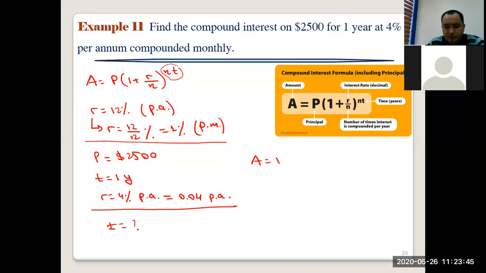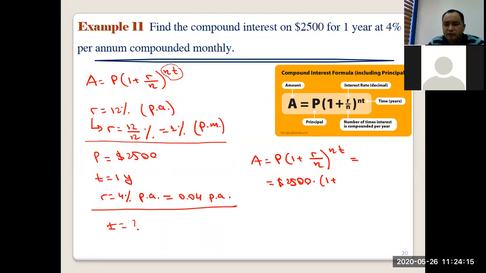If you evaluate A, the amount is equal to P times (1 plus R over N) to the power N times T, which is equal to principal 2,500, times 1 plus the rate. Is the rate 12?